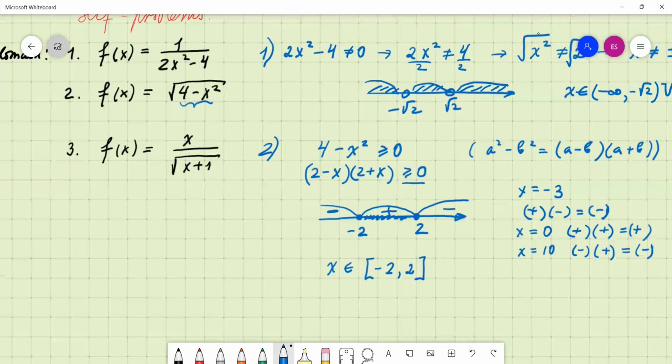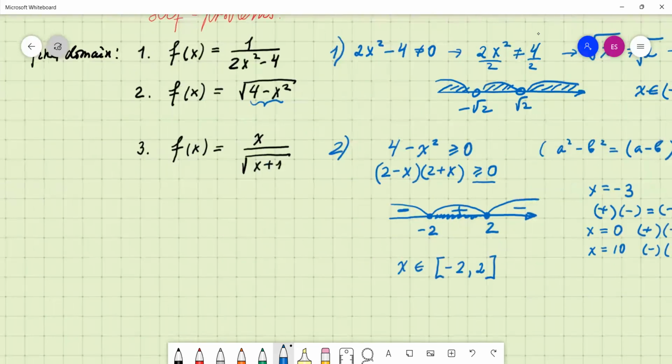My last problem I'm solving is problem 3. Problem 3, I'm going to solve it over here, okay? Problem 3 is like a fraction. Well, here for the fraction, the restriction is that the denominator is not equal to 0, right? And also that the expression under the square root is not negative.